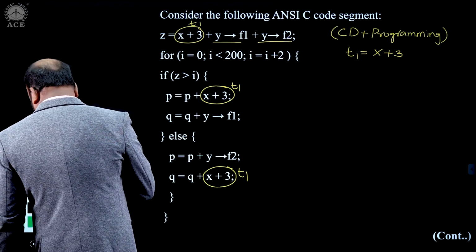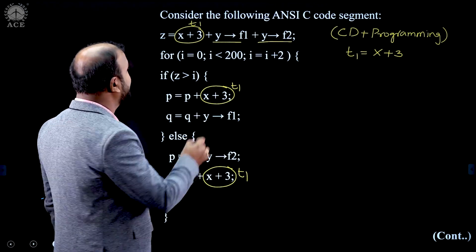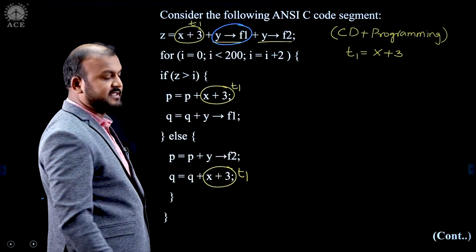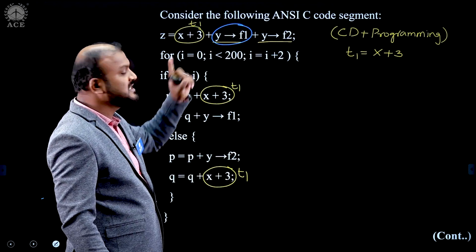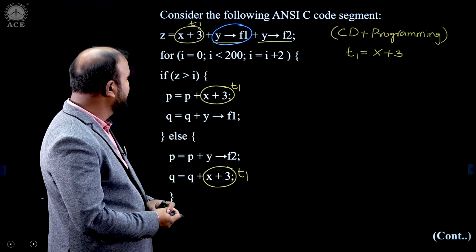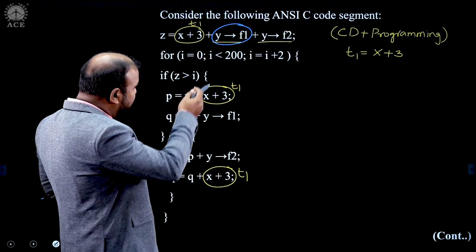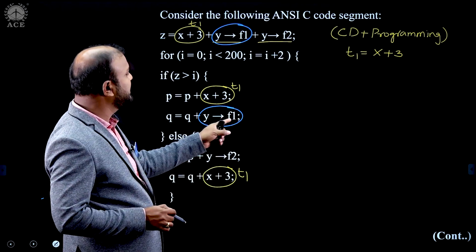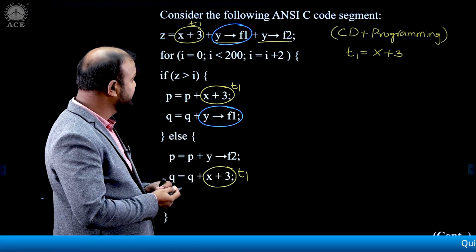Second, also observe y to f1. It is a dereferencing of f1 using the structure variable y. And here also you can find y to f1, dereferencing of f1 using the structure variable y.